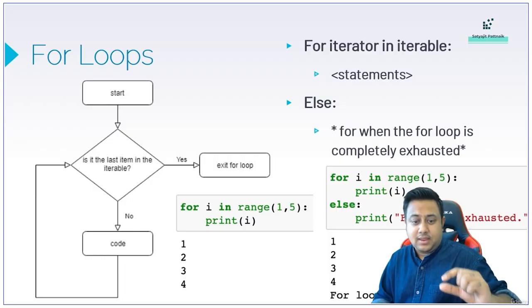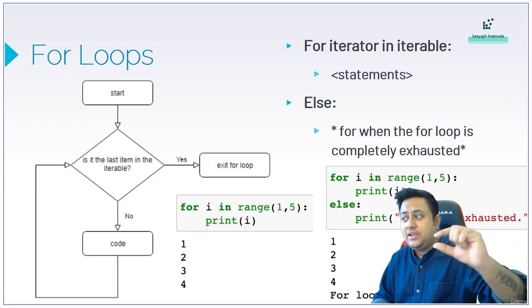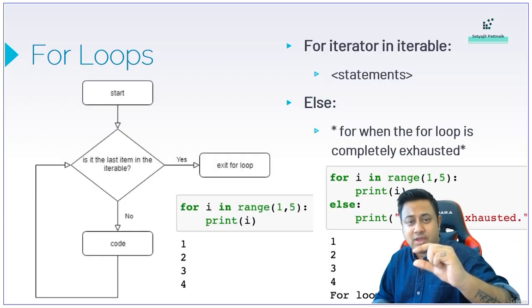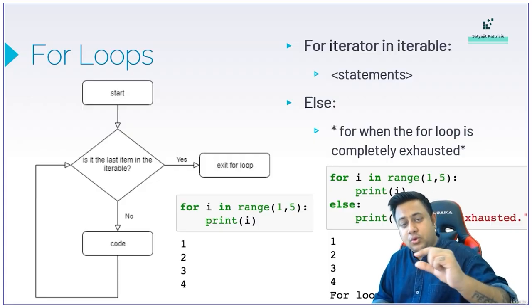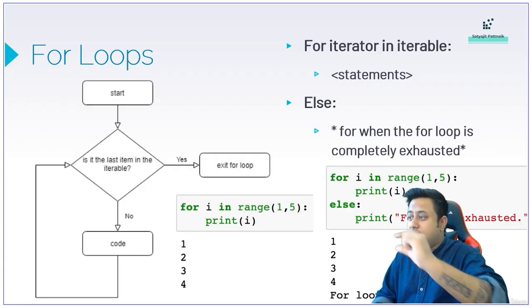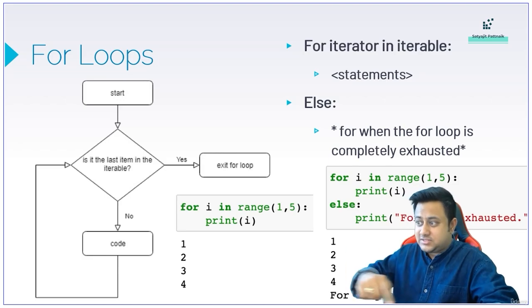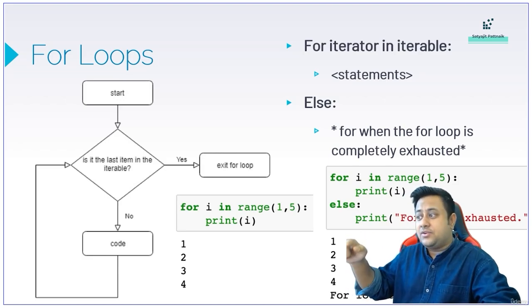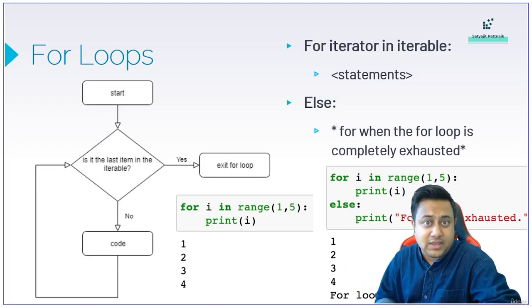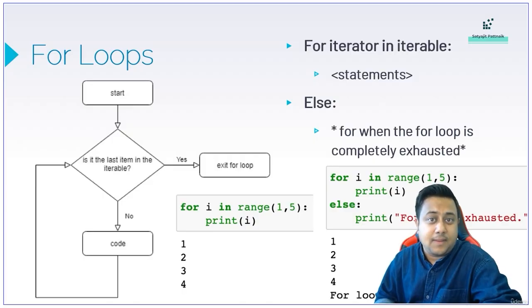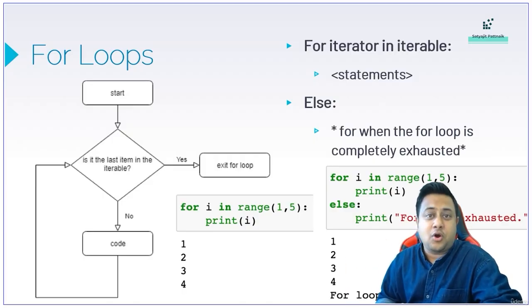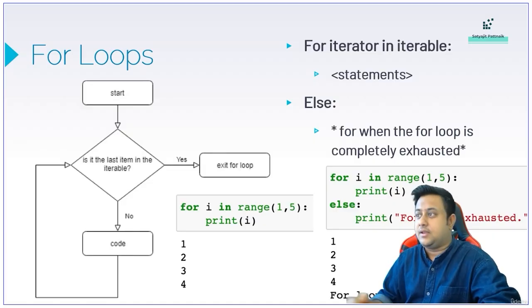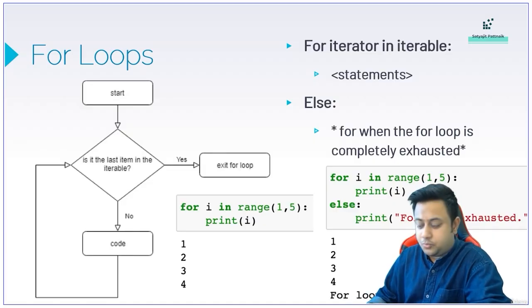Second time, the second value of i is 2 and then it prints 2. So 1, then 2, then 3, then 4, and then your range is done. Next time, where your i is 5, it does not satisfy the condition. Then it goes to the else block and prints for loop exhausted. Right? So this is how a for loop works.